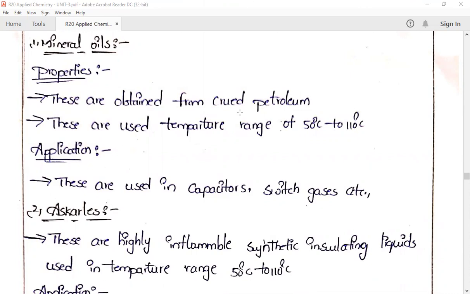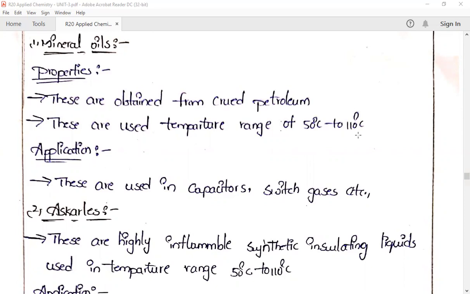The electrical property and resistance to thermal oxidation are greatly influenced by the presence of non-hydrocarbon compounds, oxygen, sulfur, etc. They are used in the temperature range of about 50 to 110 degrees centigrade.